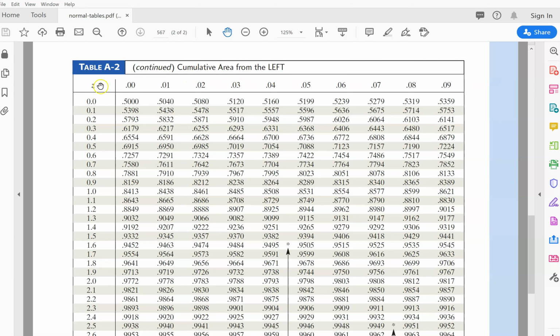Now, what was the Z value again? It was 1.1, correct? But it was 1.12. And that second decimal is the column header. So 1.1 and 2 decimals, that is 1.12, is this number right here. So again, I went down to 1.1, that's 1 decimal. Go across to the second decimal, and that's 1.12, and it lines up to the number .8686.